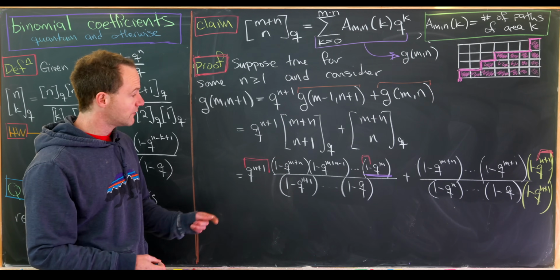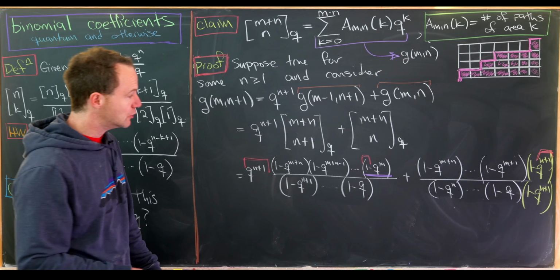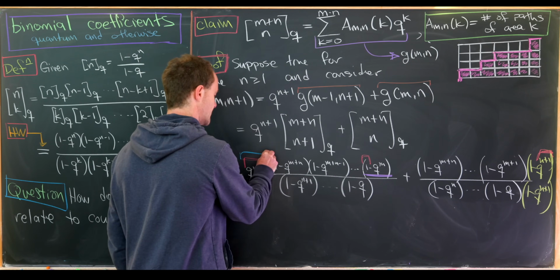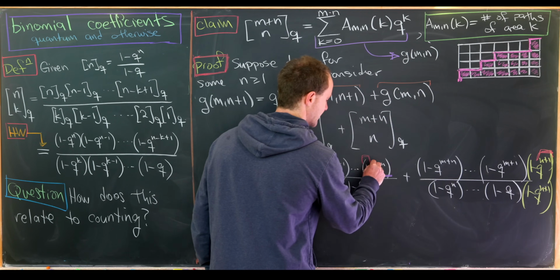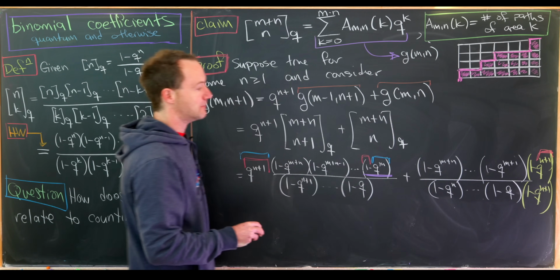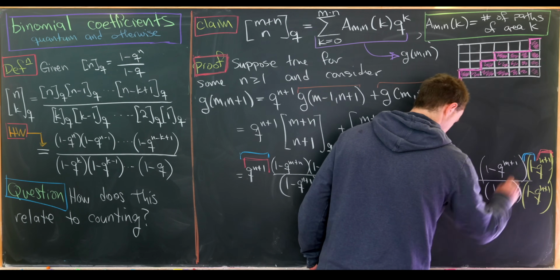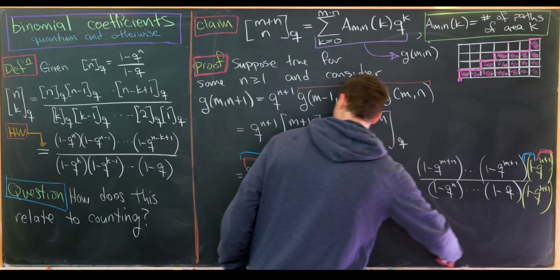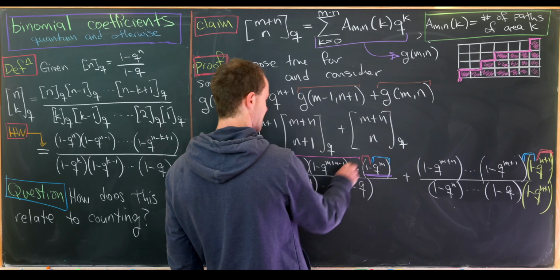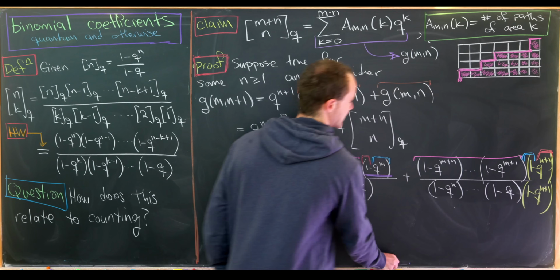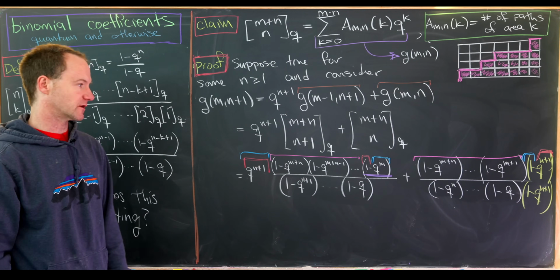And then all of the ones that I'll overline in blue will build up. So we'll have this q to the n plus 1 here will combine together with this q to the m here, and then be subtracted from the number 1 here. And that's because what we're left over here, which I have in magenta overline, is the same thing as what I have left over here in this magenta overline.